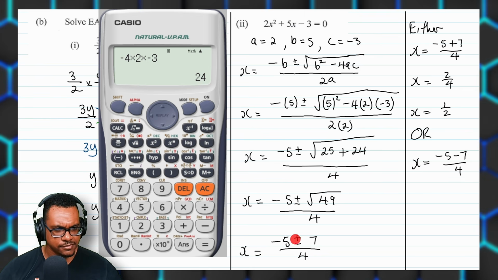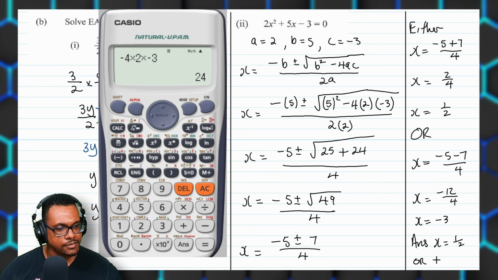One is plus, and the other one is negative. Okay, so here you have to add and keep the negative signs, and I'll get negative 12. So negative 12 over 4. And of course, negative 12 divided by 4 is negative 3. And those are your answers, right? So x is equal to a half, or x is equal to negative 3.